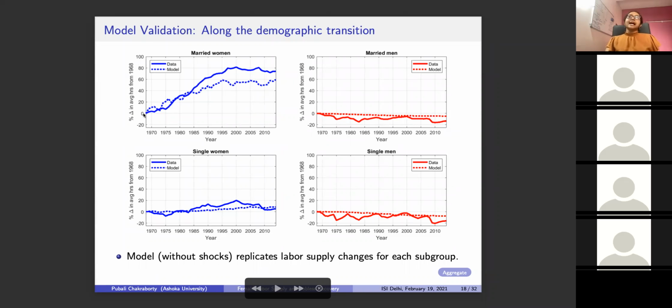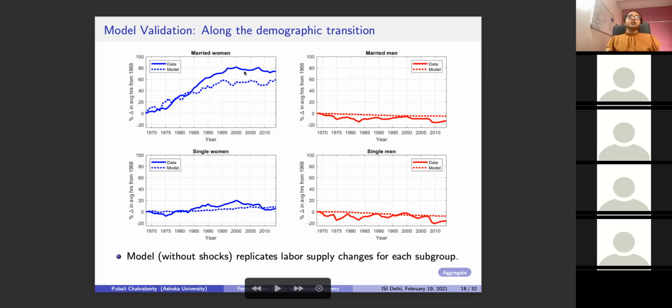You can see that the model for married women is closely following the change that is seen in the data. There is an increase and then a leveling off for married women. There are changes for these other groups, but none of that is comparable to the change that takes place for married women.